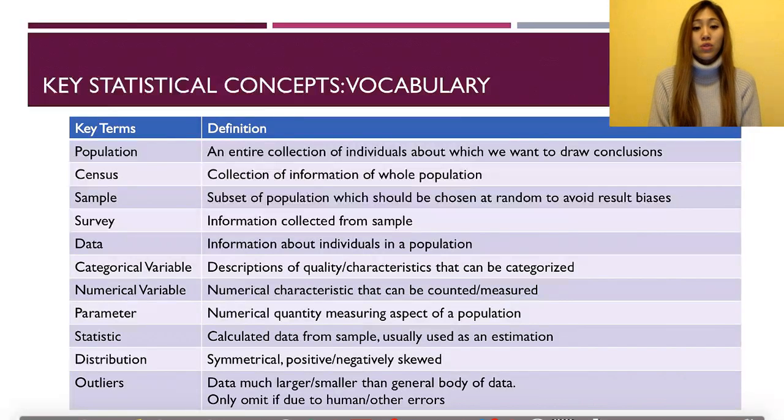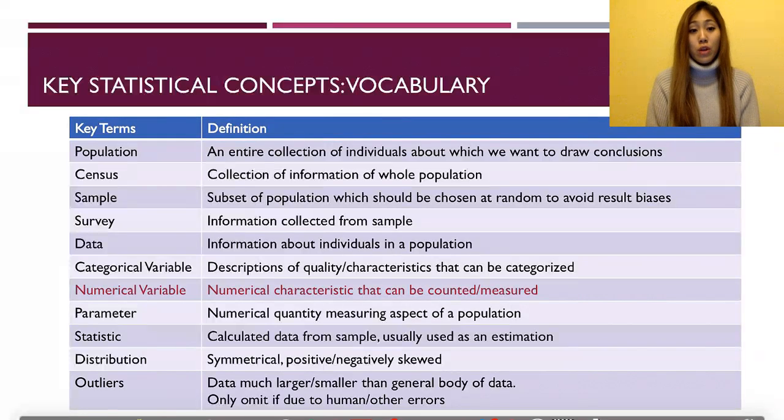Statistic, and you have distribution. Distribution can be a symmetrical bell curve. It can be positively or negatively skewed as well. Outliers. This means that relative to the general body of data, a point is far out or far in, away from this general body. So those points are called outliers.